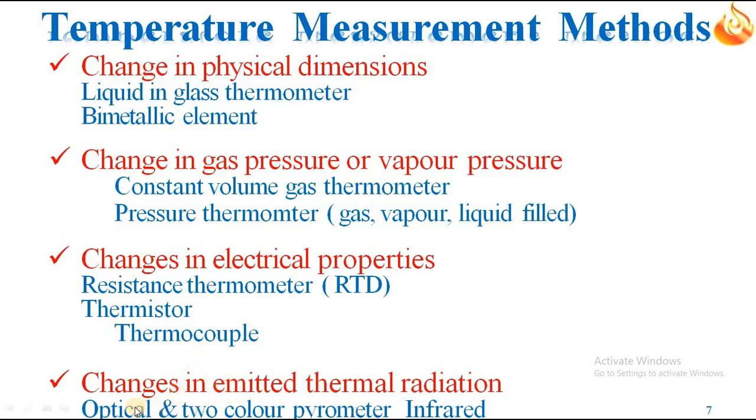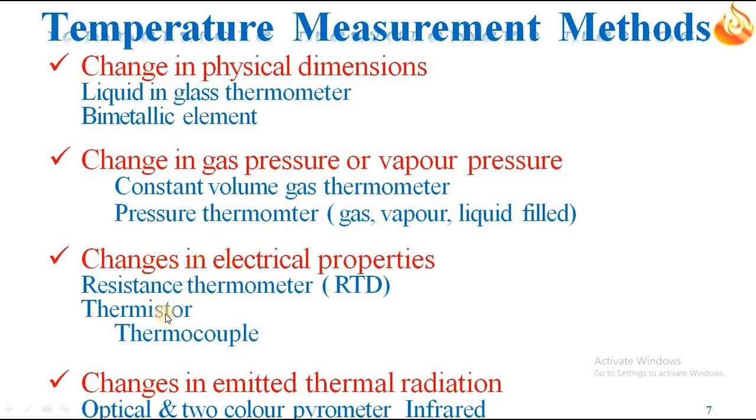These optical pyrometer and radiation pyrometer are the devices which are used to measure temperatures having a very high range. That is, if the temperature is above 2000 degrees Celsius, in such applications it is necessary to use these devices, that is a radiation pyrometer and optical pyrometer. If we are measuring a temperature which is below 2000 degrees Celsius, then in those applications we can use these upper 3 points.